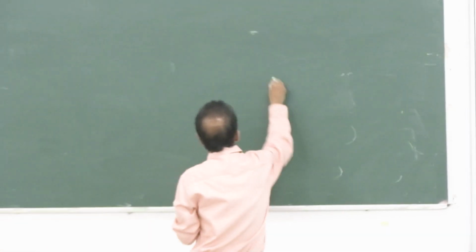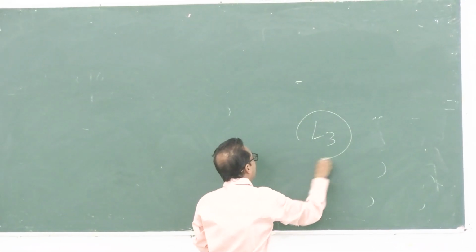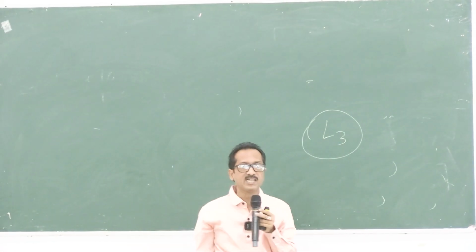Now, what is the infective form of hookworm and Strongyloides? L3 larva. At least you have forgotten just now. L3 larva for hookworm and Strongyloides.